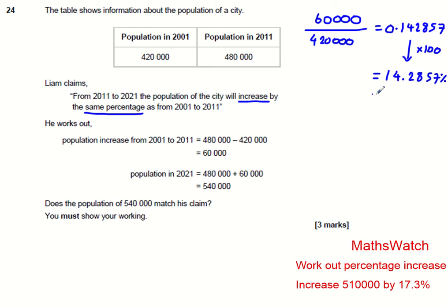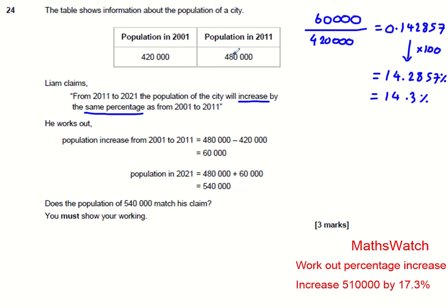And I'm going to round that for ease of use. I'm going to call that 14.3%. So the increase from 2001 to 2011 was an increase of 14.3%. Now we need to increase the population in 2011, the 480,000, by that same percentage and see if we end up with the same answer as Liam.